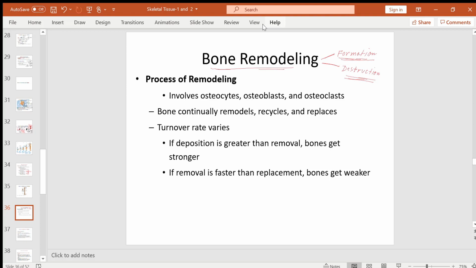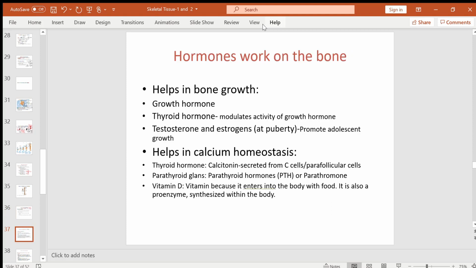And the hormones work on the bones. Two types of hormones work on the bones. One type of hormones helps the growth of the bone. It comes from outside and works on the bone to help the growth.